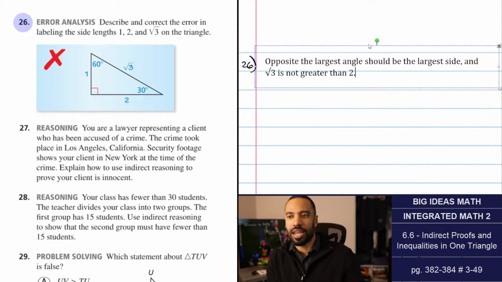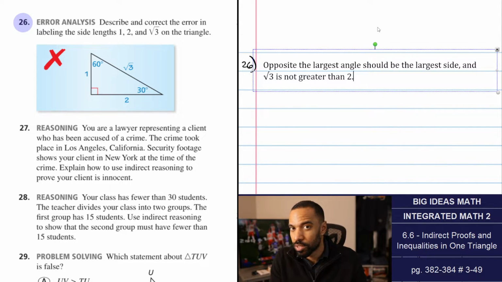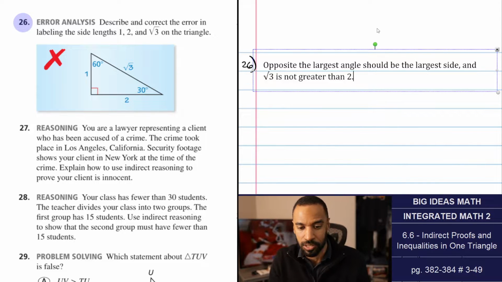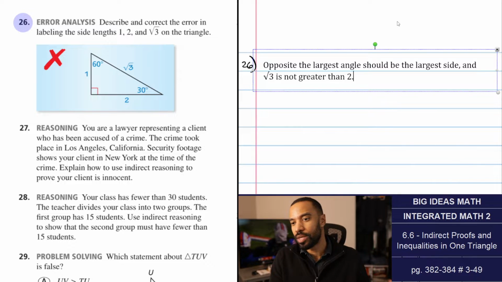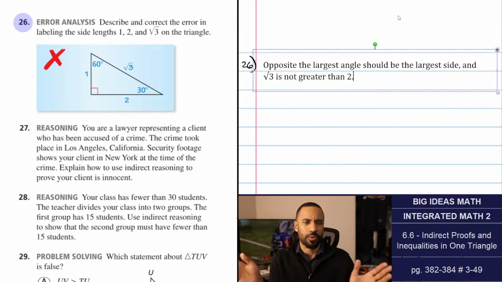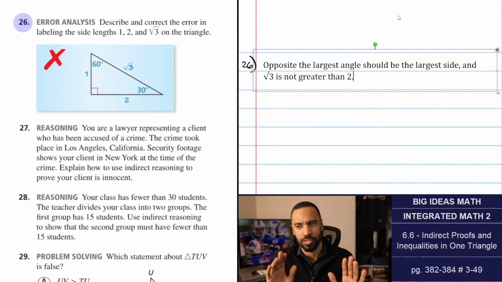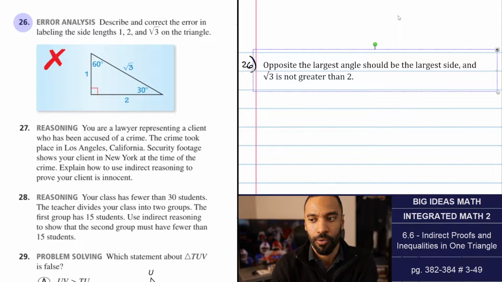Now, even if you didn't have a calculator to know for sure what the square root of 3 was, because it's an irrational number. I don't know what it is exactly. It's 1.7 something, but I don't know exactly what it is. How can you know without a calculator? Because if you put these in other places, you can use the Pythagorean theorem. There are a lot of ways you can do this, but the thing I wanted to mention is that 2 is the square root of 4.